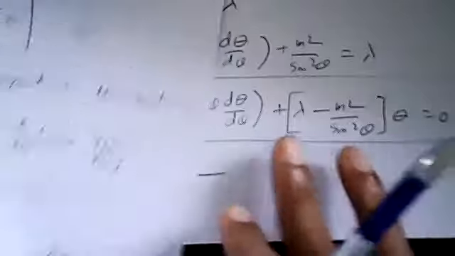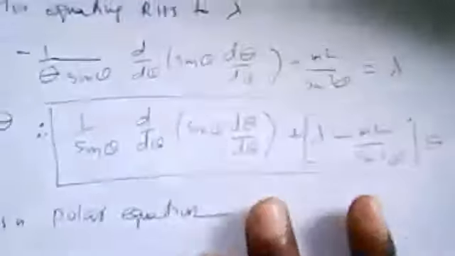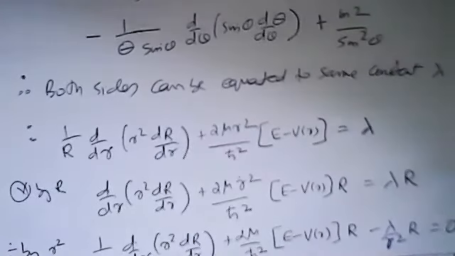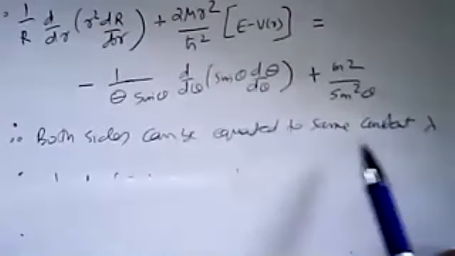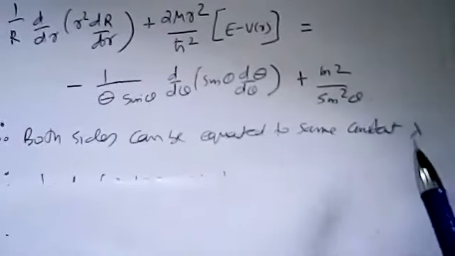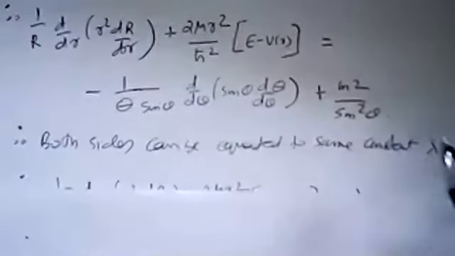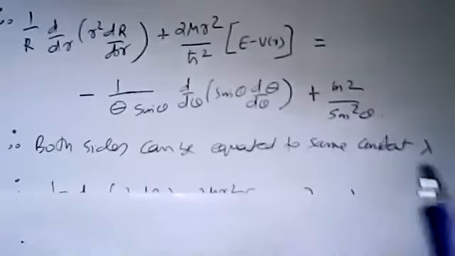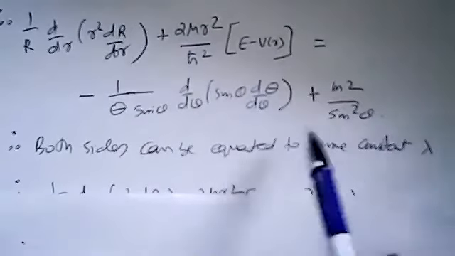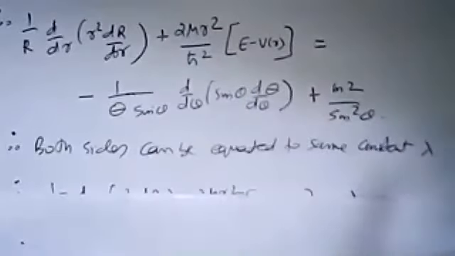So again you can apply the same principle. LHS depends only on r, and RHS depends only on theta. So again both sides can be equated to the same constant. Let that constant be lambda. So this you can equate to lambda, and this also you can equate to lambda.